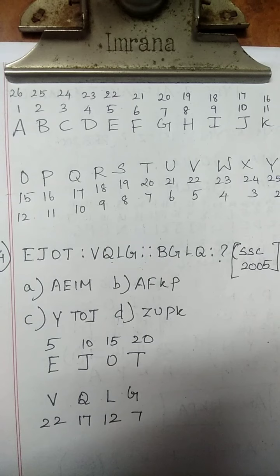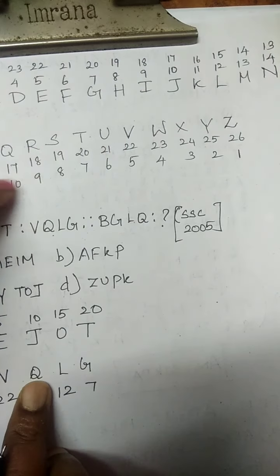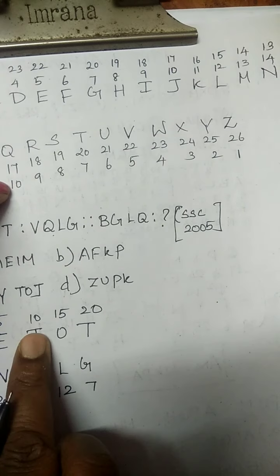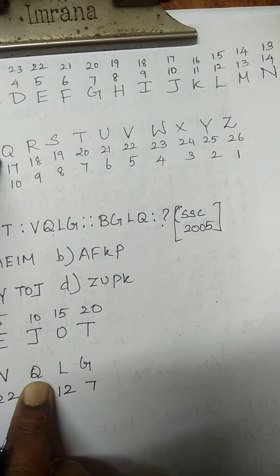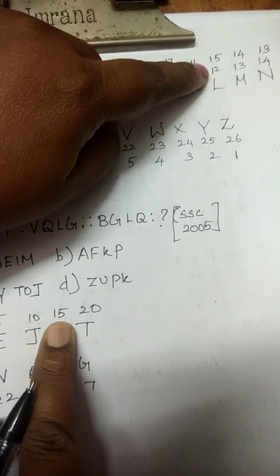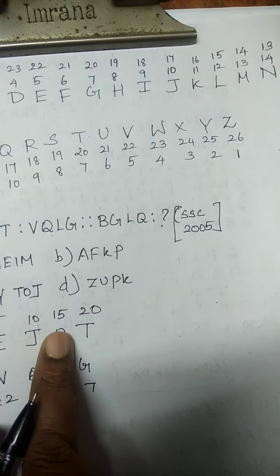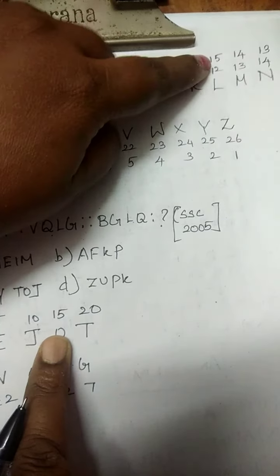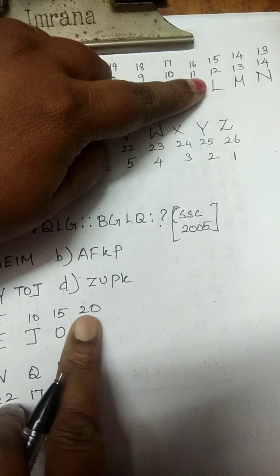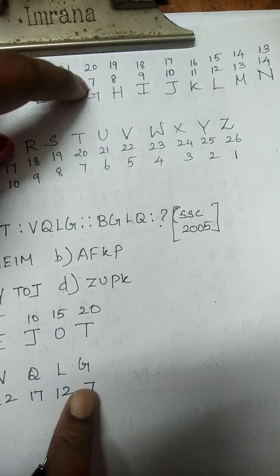For 5 it's V, for 10 it's Q, for 15 it's L, and for 20 it's G.